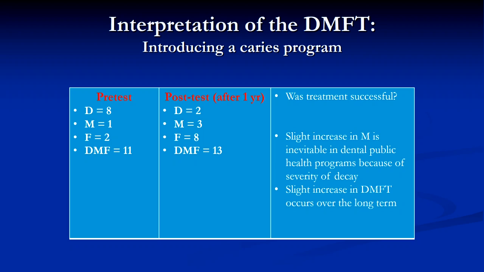Inevitably, the missing category is going to go up, especially in dental public health programs, because typically we're seeing decay that is pretty severe out there. And then inevitably, if we're fixing the decay, then our F category, our filled category, is also going to increase. There should be a slight increase in the overall DMFT, and that just generally occurs over the long term simply because we tend to be doing more of those fillings types of things.